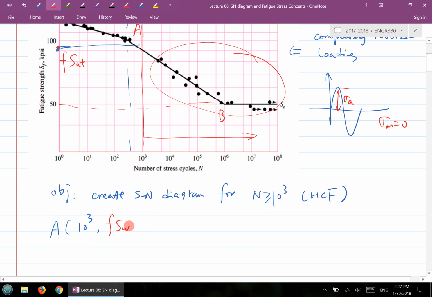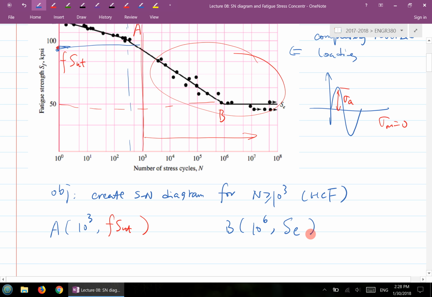I'll talk about what f is. The B point has coordinates 10 to the power 6 and of course SE. If you can find the 2 coordinates, you can just draw a straight line in the log-log scale.